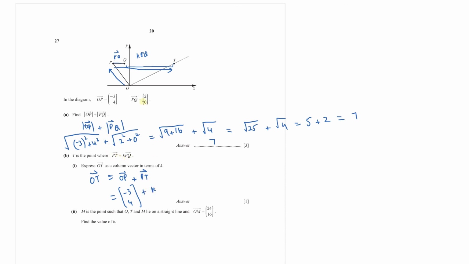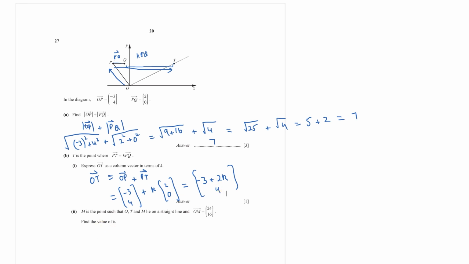K times PQ is (2, 0). So this becomes -3 plus 2K, and then 4 plus K times 0, which is 4. So this will be your answer: (-3 + 2K, 4).